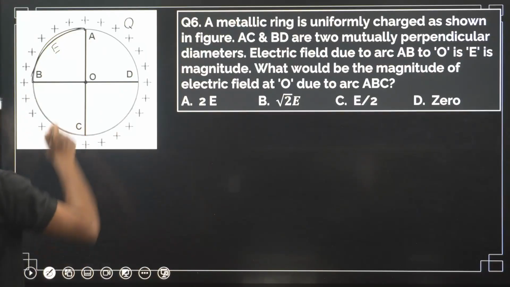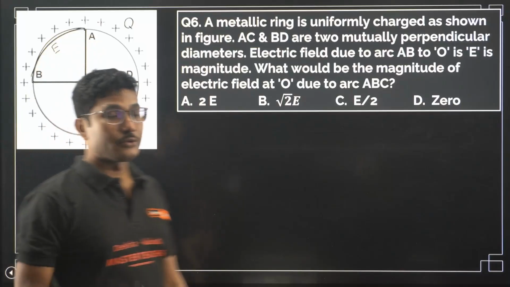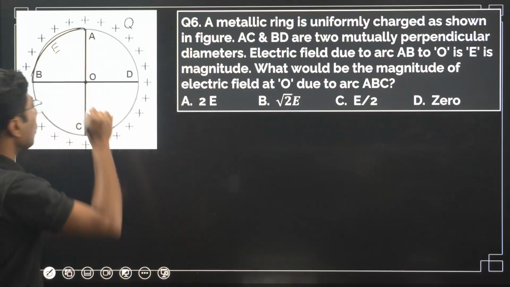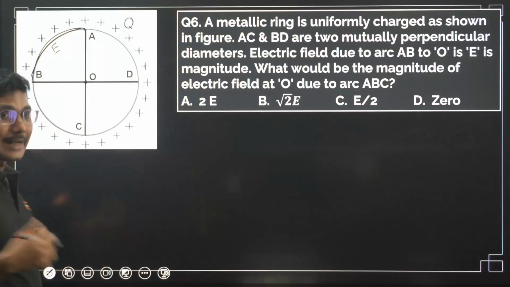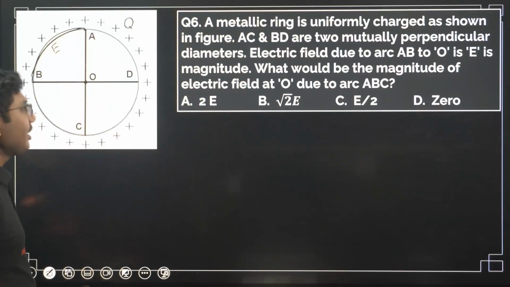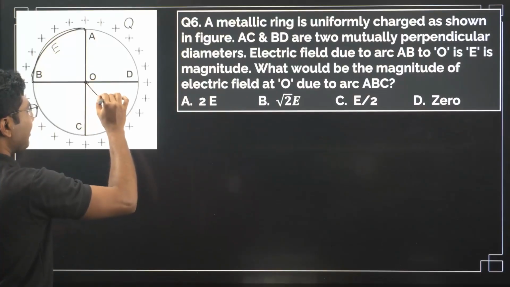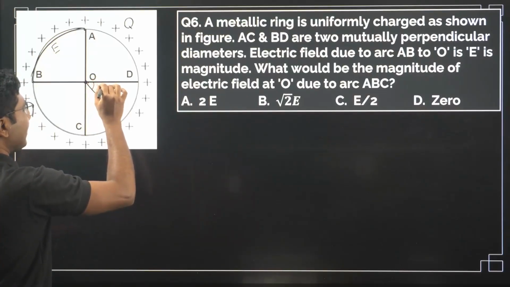First, it is given that the electric field due to the arc AB at O is E, right? So what will be the direction? What could be the possible direction? Because it's a symmetric diagram, the electric field will be exactly in this direction, making an angle of 45 degrees.